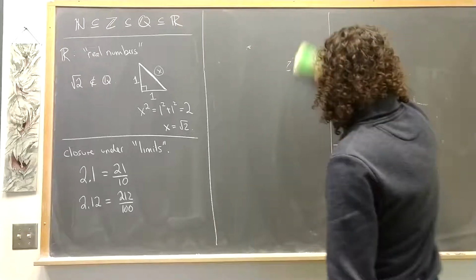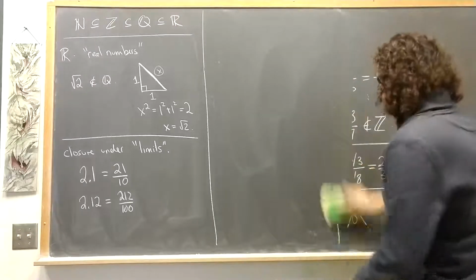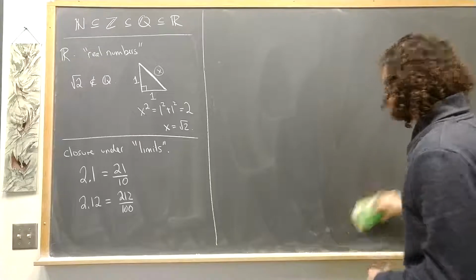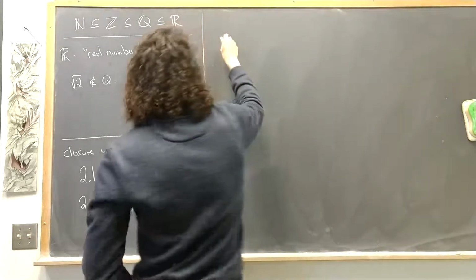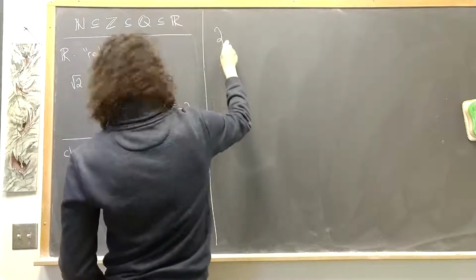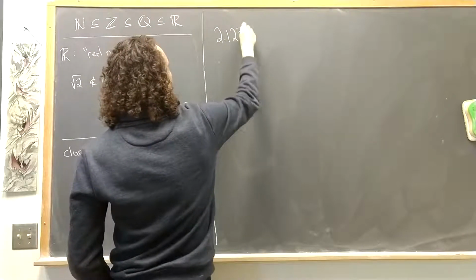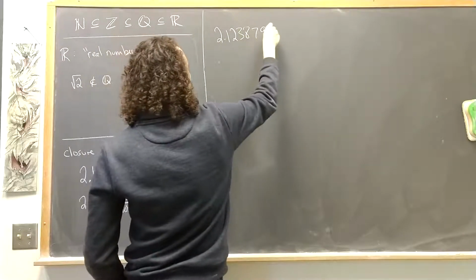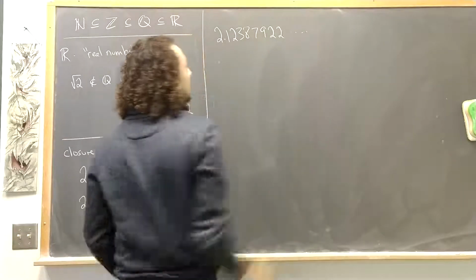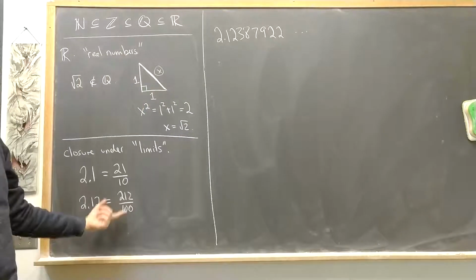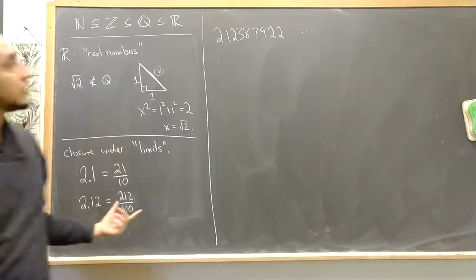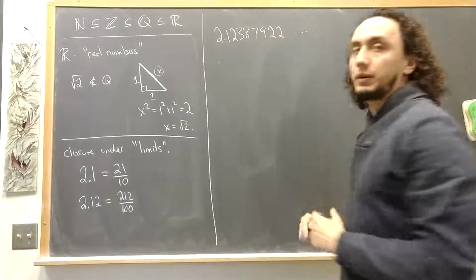But what if I carry that process of describing a number with its decimal expansion to the limit, so to speak? What if I write down a number like 2.123879222... At any finite stage of this process, I get something which is a rational number because it can be written as a fraction. But what about the whole number?